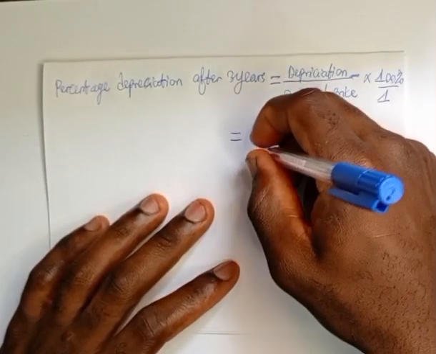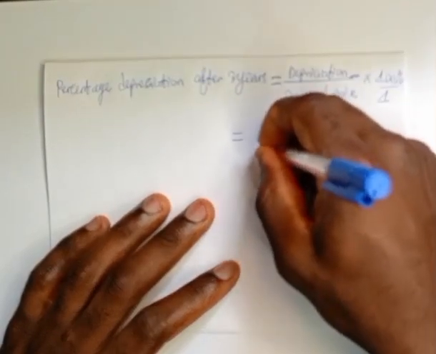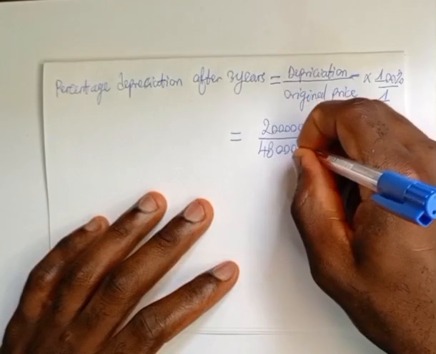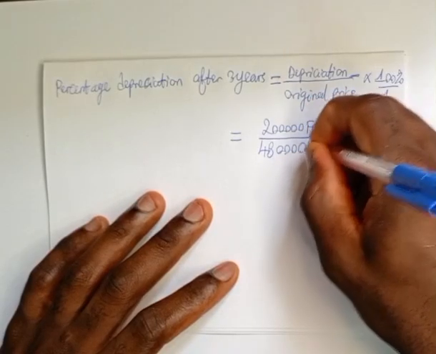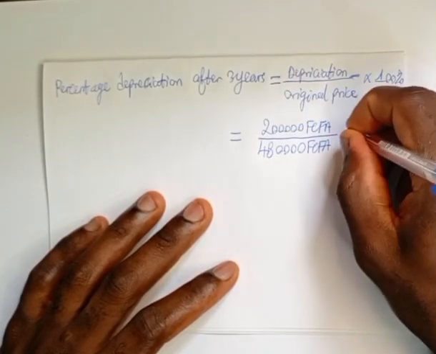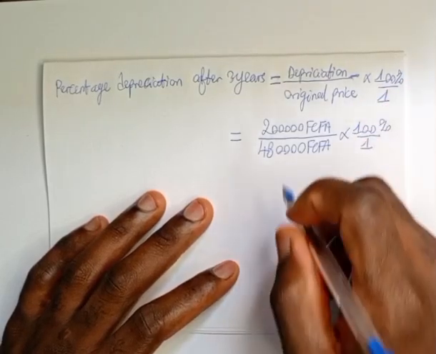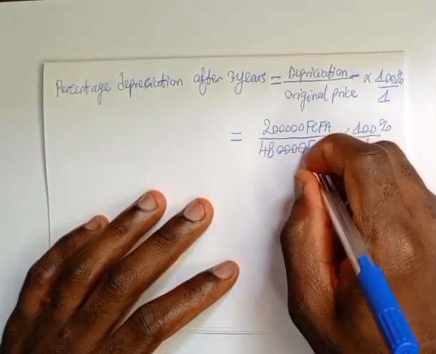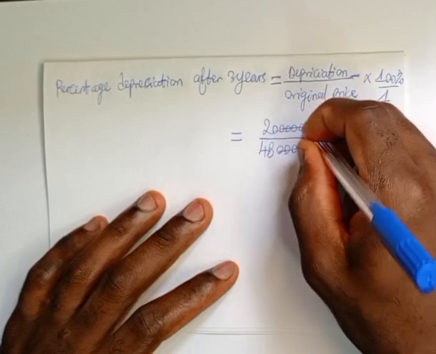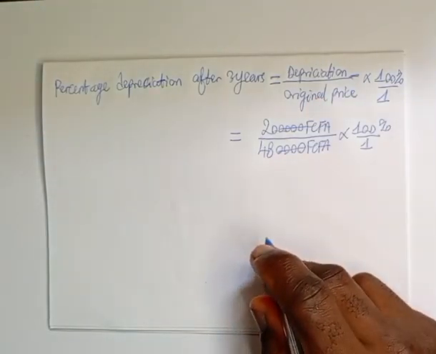We divide by the original price, which is 480,000 francs CFA. We multiply by 100% over 1. These 4 zeros will strike off 4 zeros in 200,000.